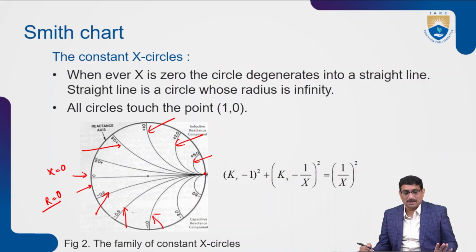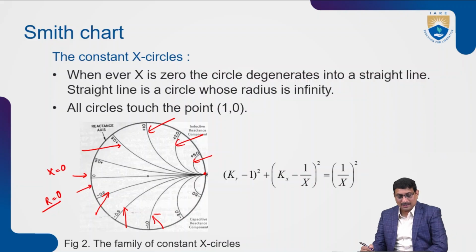So by varying the x value from minus infinity to plus infinity, we got different circles. Therefore all the circles together we call the family of constant x circles, the family of x circles.